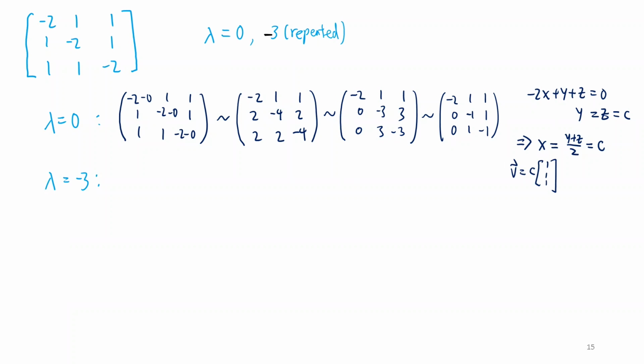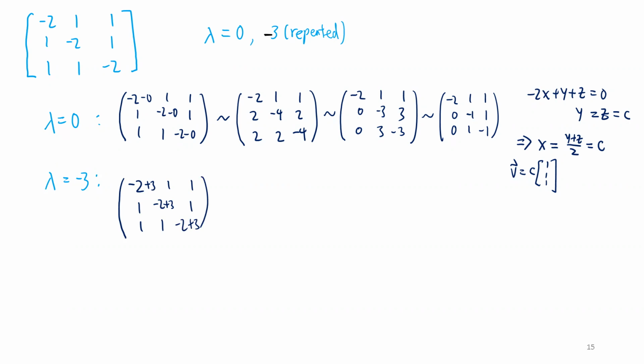This is not the tricky part in this problem, because I really want to talk about the repeated eigenvalues. This time the coefficient matrix is minus 2 minus minus 3, so plus 3: 1, 1, 1, minus 2 plus 3, 1, 1, 1, minus 2 plus 3.